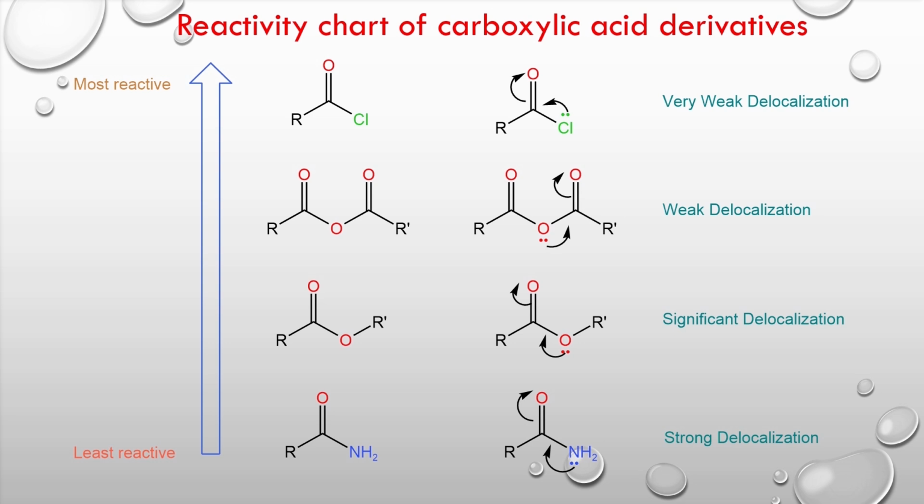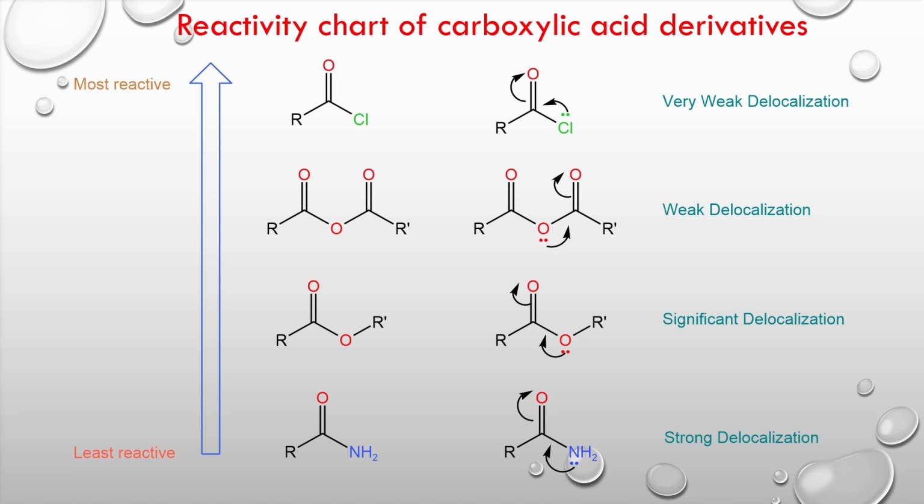The chlorine atom next to carbon pulls the electron density towards itself because chlorine is electronegative. Also, the lone pair of the chlorine is not well delocalized in acyl chloride due to the difference in the orbital size of chlorine and carbon. Next in the reactivity series, anhydride. This group is more reactive because the oxygen atom lone pair is delocalized with two different carbonyl carbons.